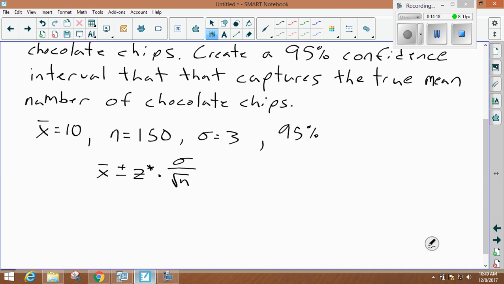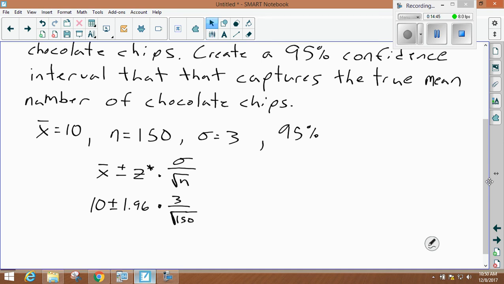So our formula for this particular confidence interval is going to be 10 plus or minus 1.96, our critical value, times 3 divided by the square root of 150.